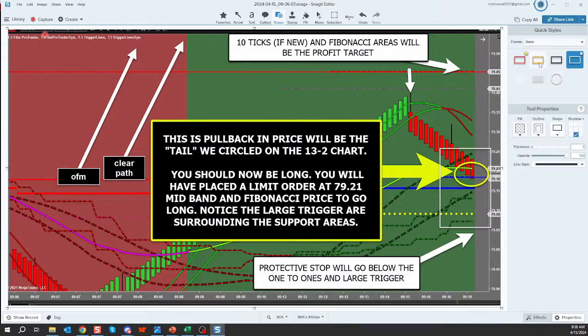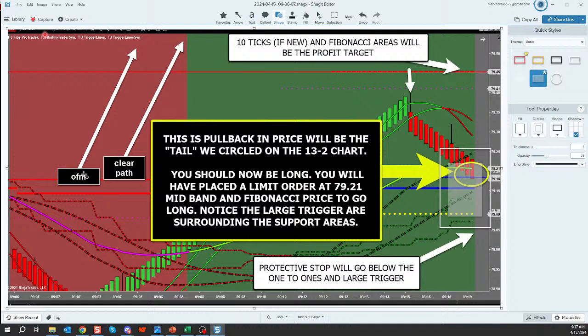So I have to identify my highest point of support to my lowest point of support inside of favorable large triggers. This shaded area represents where the market is most likely to continue. This shaded area is the best of the best spot to take your entry.